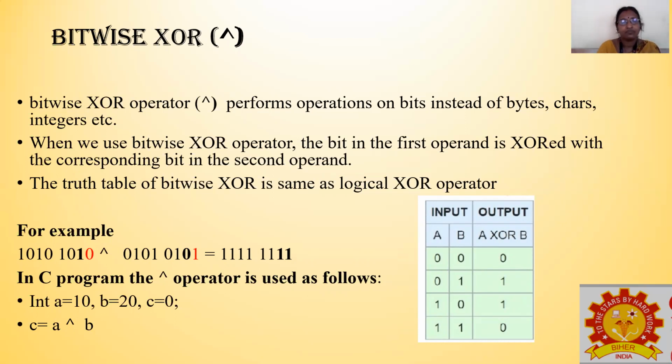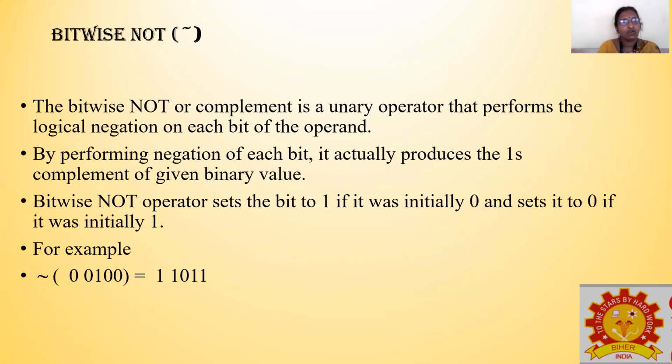Similarly, bitwise NOT. It will simply complement the respective bit position. The bitwise NOT, or complement, is a unary operator that performs a logical negation on each bit of the operand.